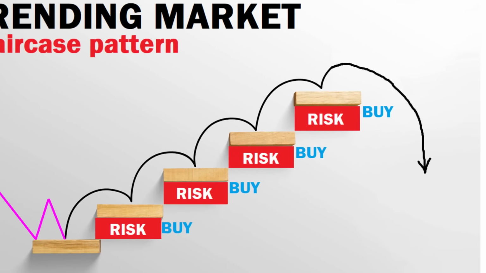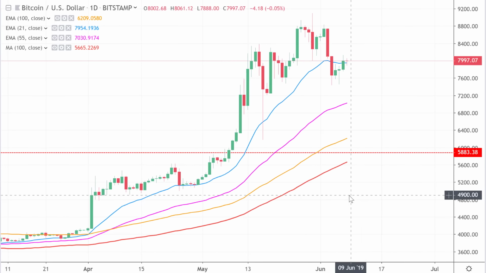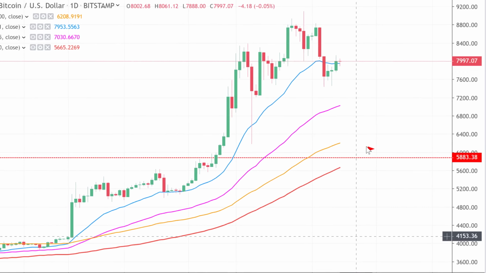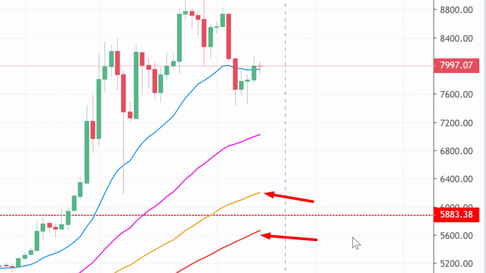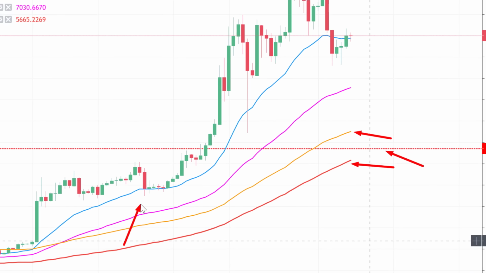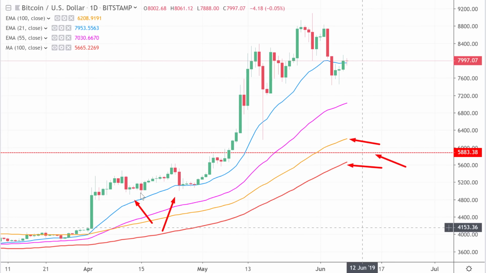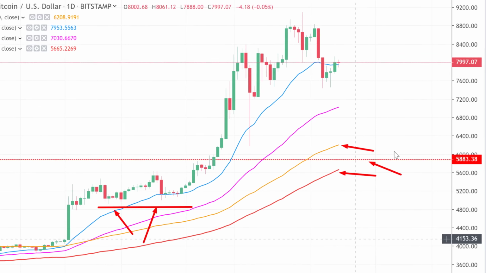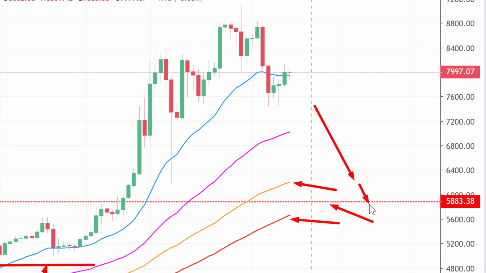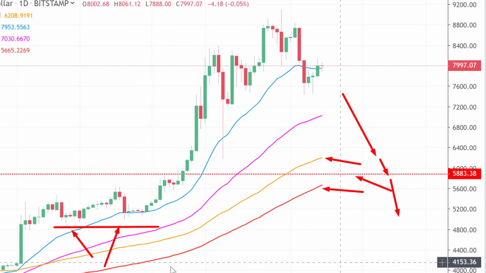That means if I'm looking to buy at these levels, again, the 100 EMA, the 100 SMA, and this red line I'm looking at here, then I'm going to have a stop loss just beneath the lows that Bitcoin formed here back in April, which is about the 4,800 level, maybe just beneath these levels here. Why? Because if Bitcoin were to drop down to these levels and continue dropping, then at least we're protected against risk.